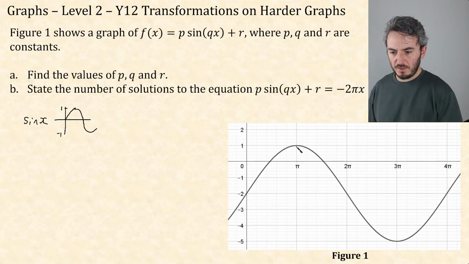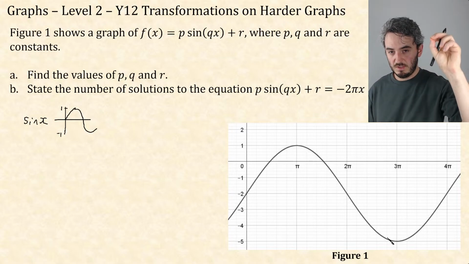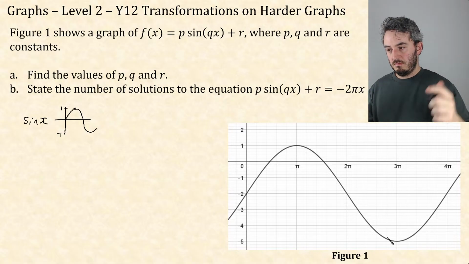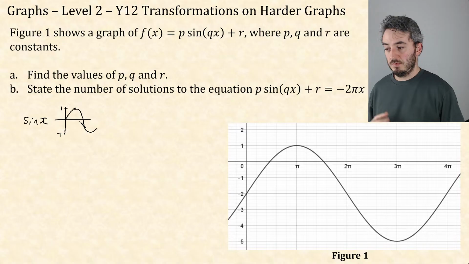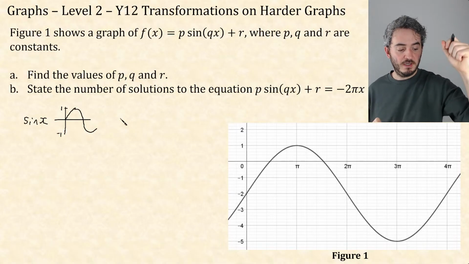Now look at this graph: it goes up to 1 and down to -5. So that's a range of 6. How do we stretch the graph from a range of 2 to a range of 6? We must have stretched the graph by a scale factor of 3.